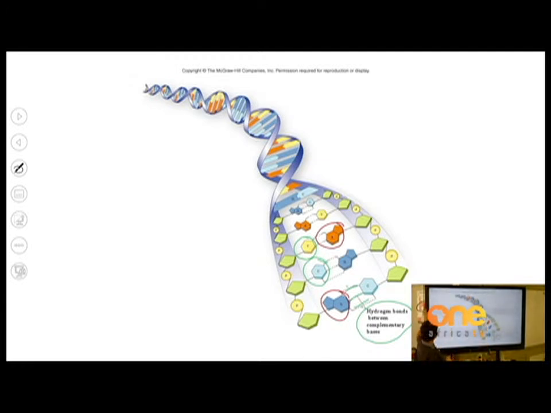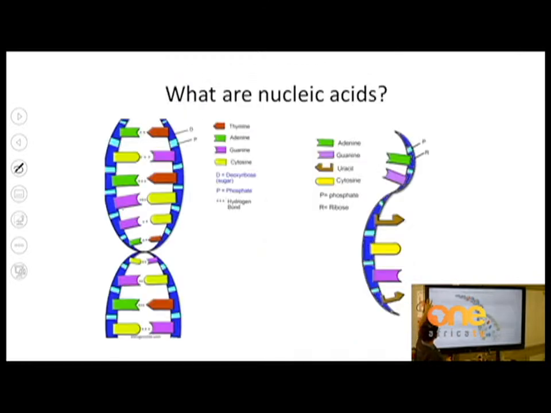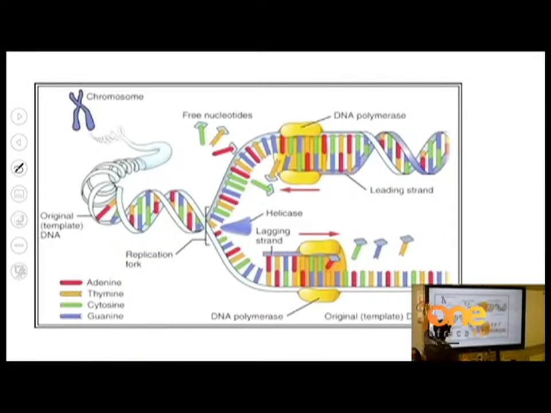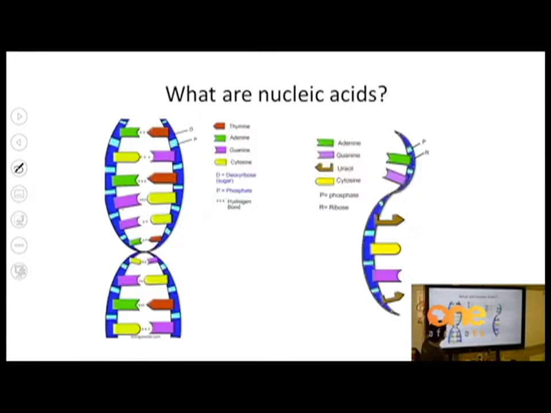Okay, and if we need to get to the other type of nucleic acid, we have RNA. We also know that RNA is a bit different from DNA. The first difference is single strand, double strand.